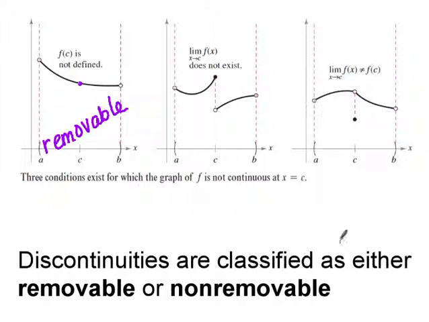Let's look at the next one. Can I put one dot on the graph, one dot, and remove that discontinuity? If I put a dot right here, understand that I'm still going to have a break in the graph. I'm still going to have a fall as I go over here. You're going to fall or you're going to have a jump. And so as a result, this is a non-removable discontinuity.